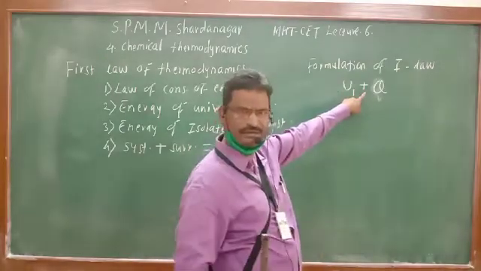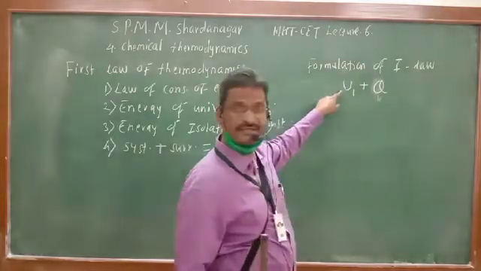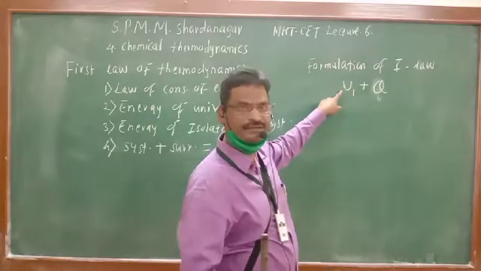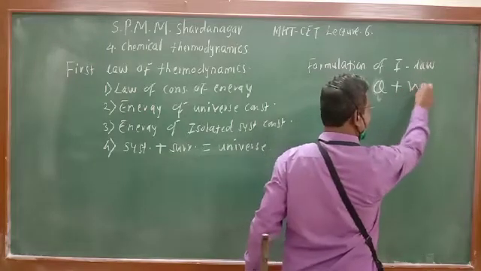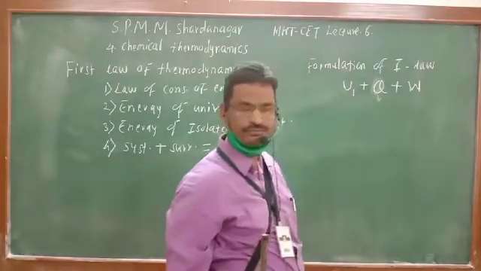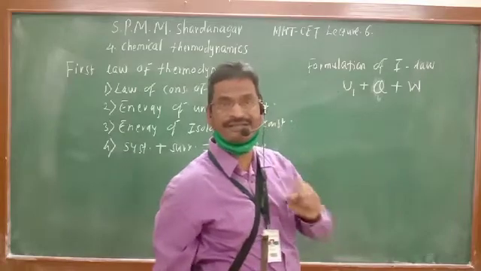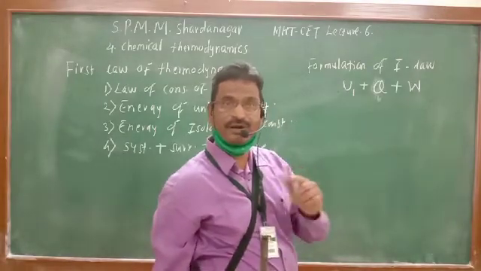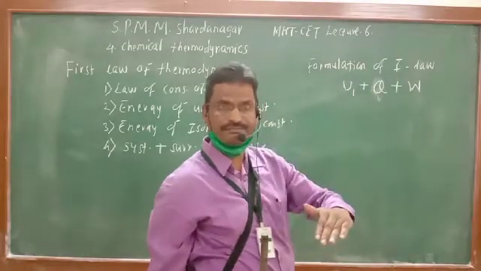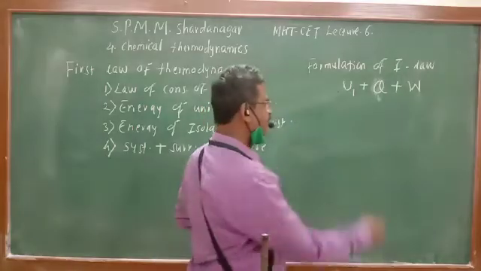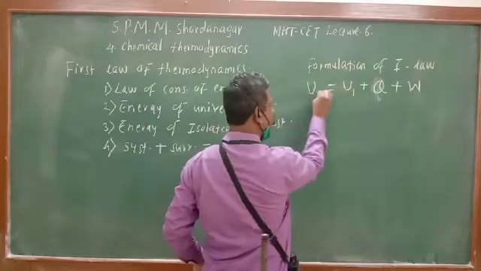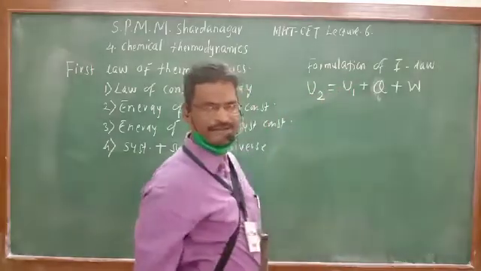Further, we have studied that the internal energy of the system also increases whenever work of compression is done, plus W. Whenever work of compression is done, that is the work done by surrounding on the system, at that time internal energy of the system also increases, and this summation will become the final internal energy.